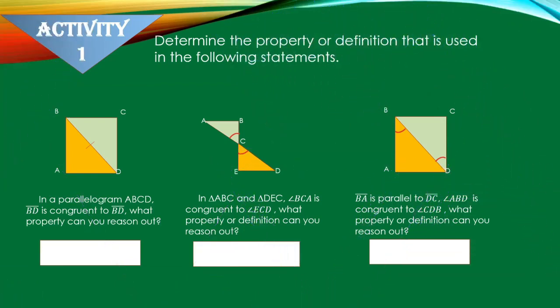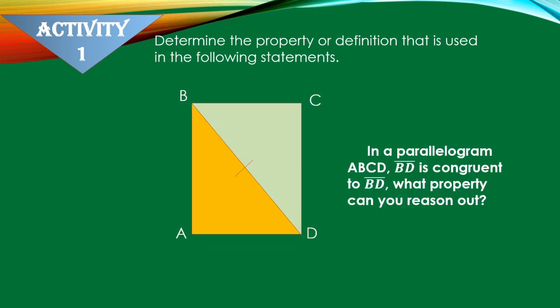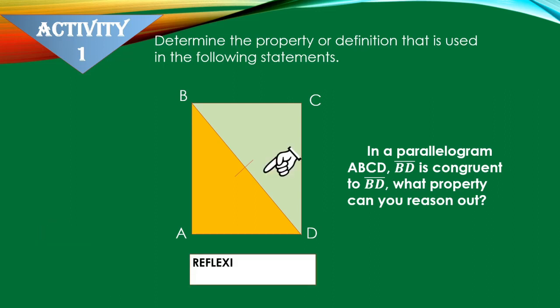For our activity 1, determine the property or definition that is used in the following statements. In a parallelogram ABCD, segment BD is congruent to segment BD. What property can you reason out? Reflexive property of congruency.